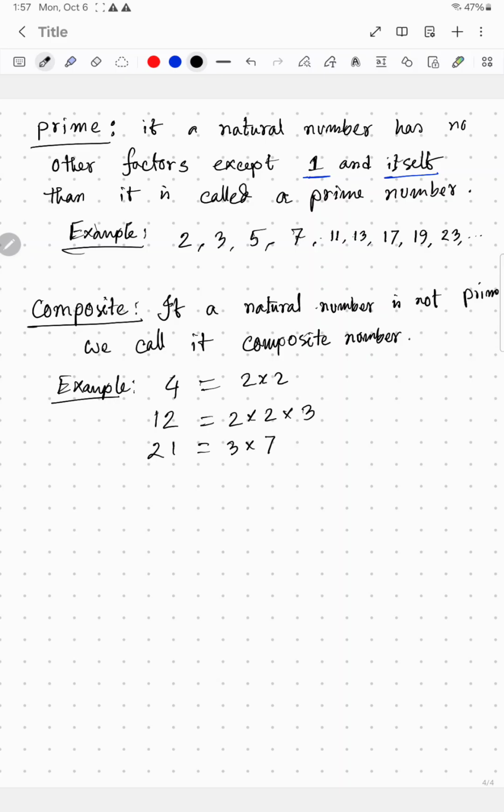Alright. See, all these numbers here are prime. So you can multiply all these different primes and we can generate any numbers. It's called the prime factorization theorem.